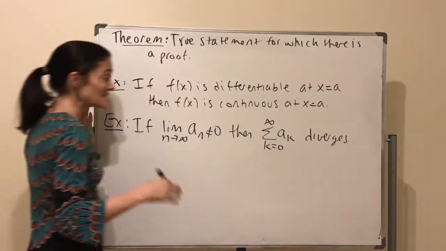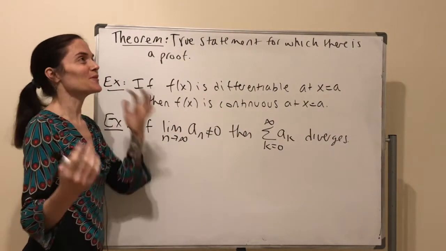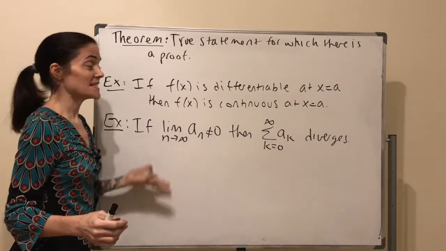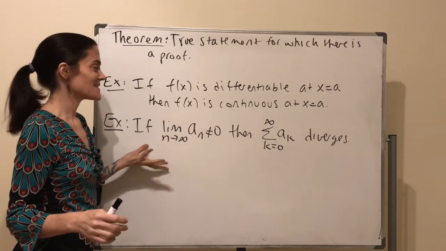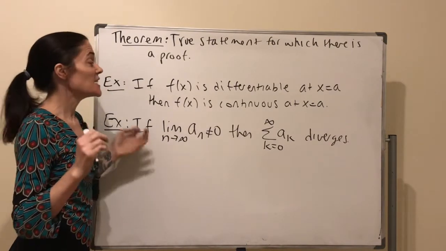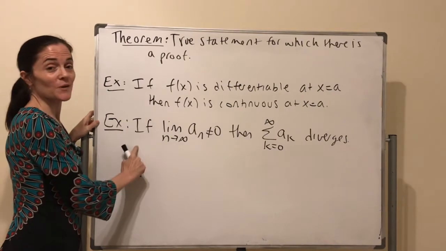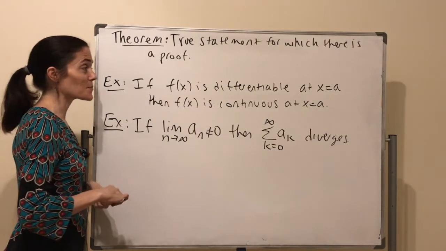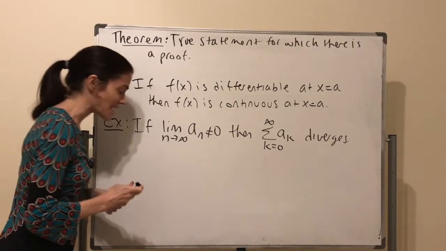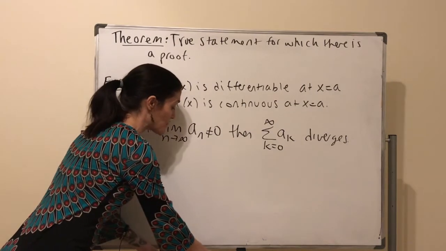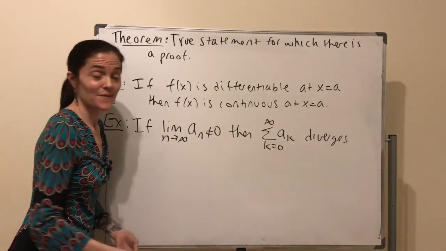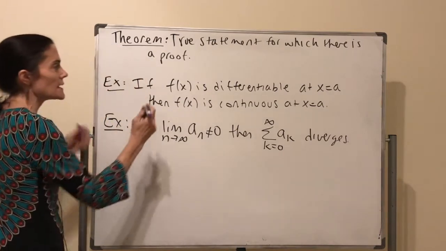And this, similarly, you could prove. We use this in Calc 2. This statement is called the term test. But even if you've never had Calc 1 or Calc 2, you can still appreciate these as statements, because both of these theorems are of the same form, really.